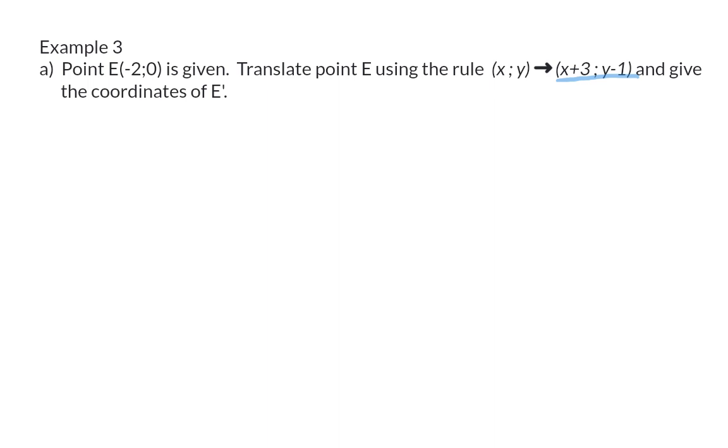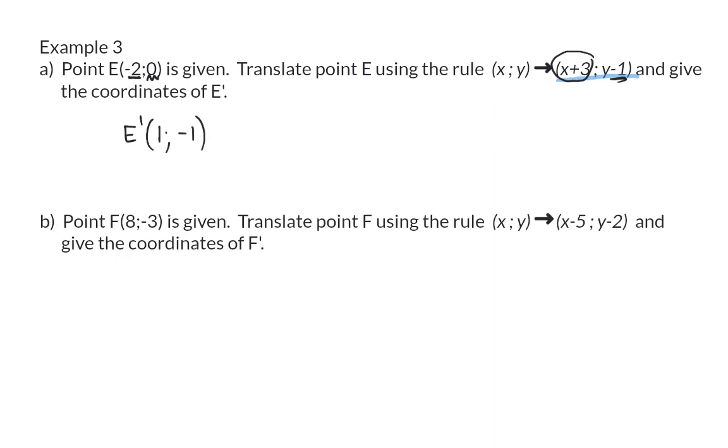Firstly, we are told to take the x and add 3, so our point of -2 should be moved 3 to the right, and that means that E prime will have an x value of 1. For the y value, we need to subtract 1 or move 1 down from 0, so the y coordinate will be -1.